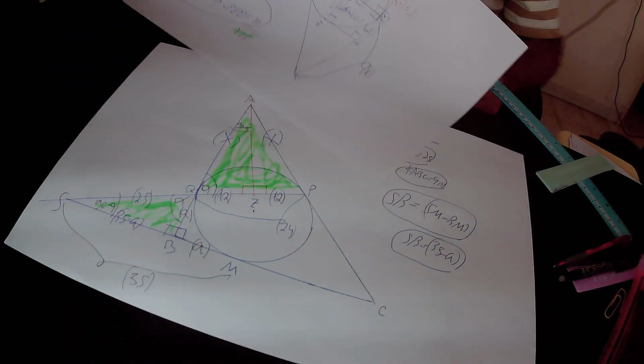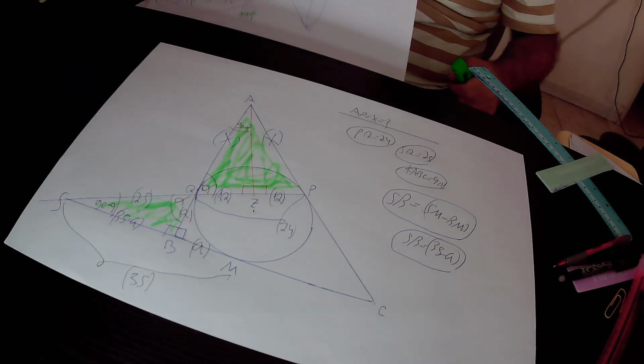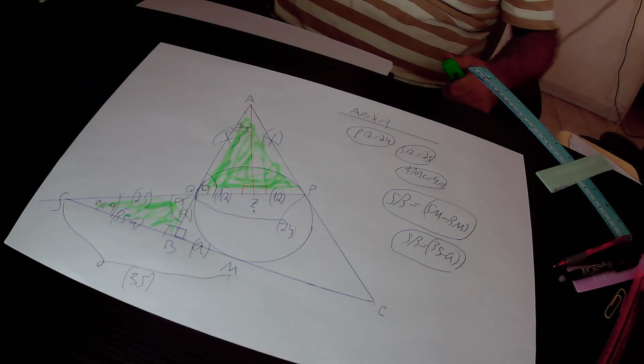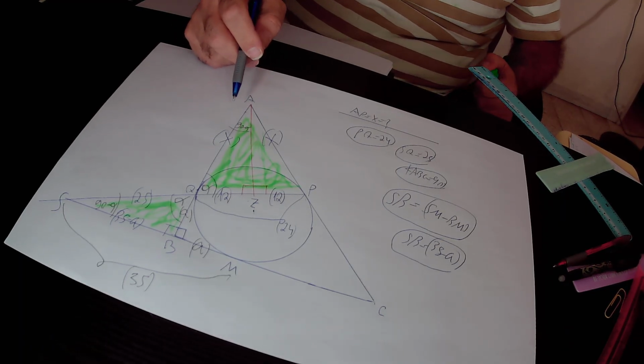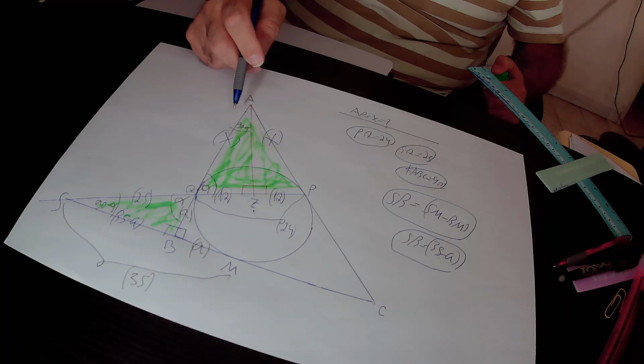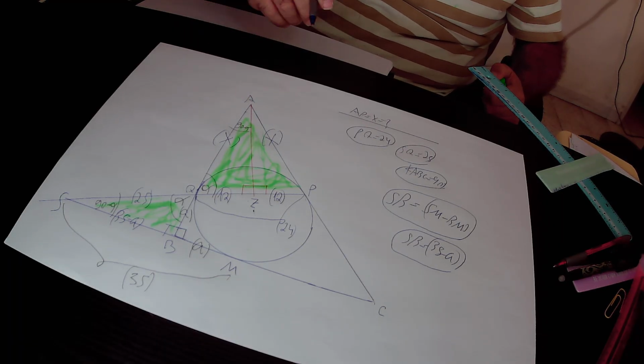So we found out that we have two solutions that are possible for the value of A: either A equals 15, or A can be equal to 20.